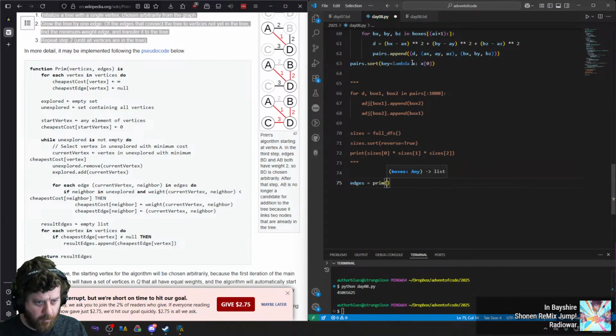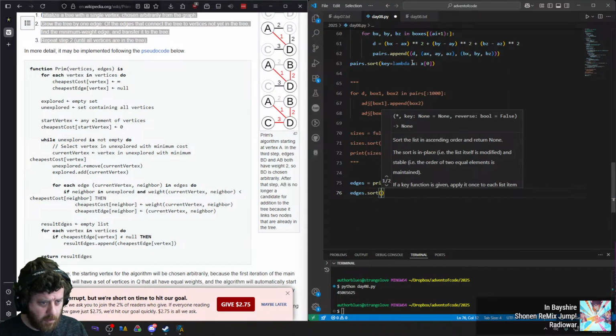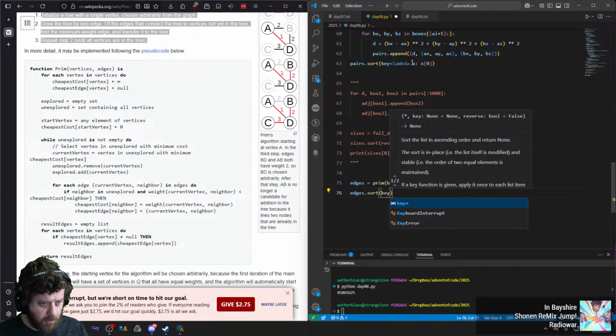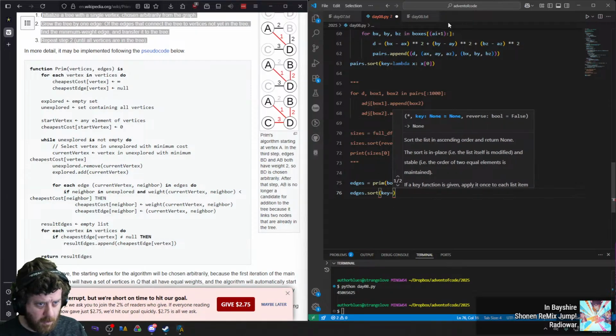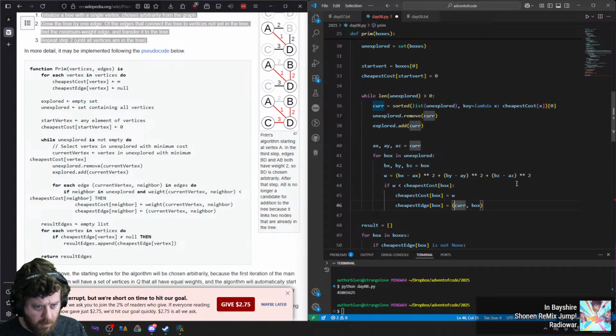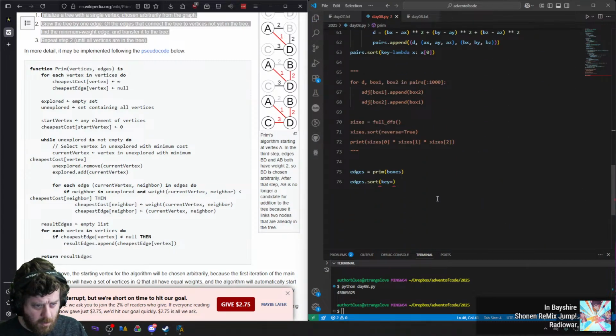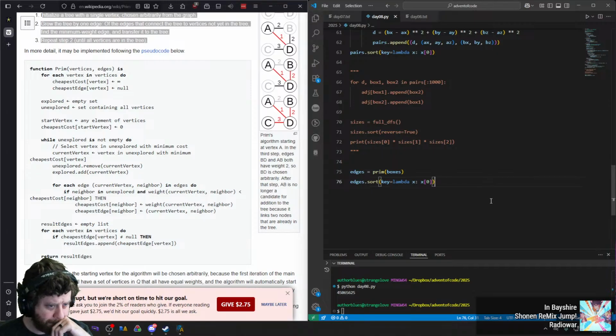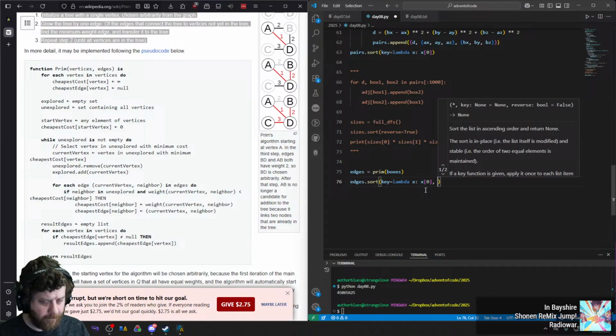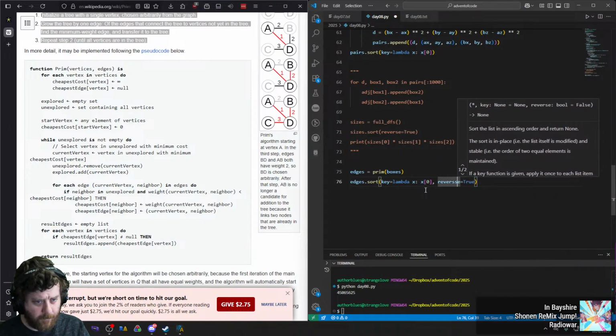Edges is prim on boxes, and then edges sort, first true.